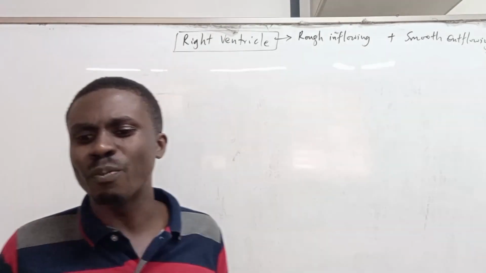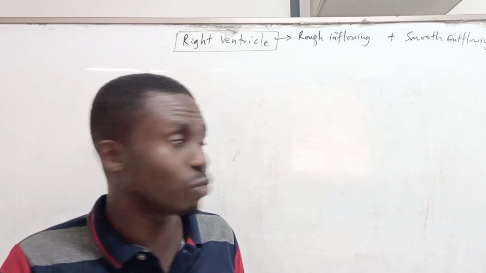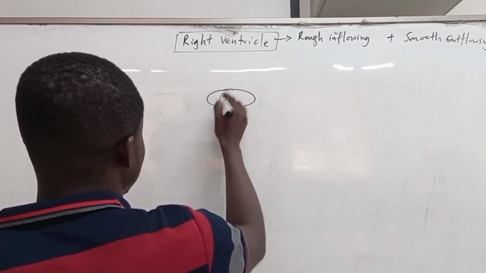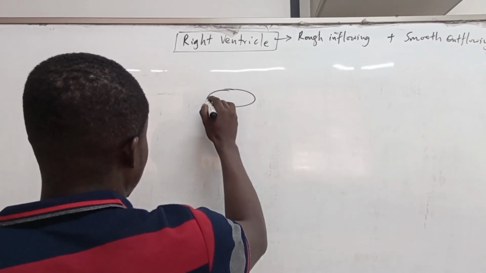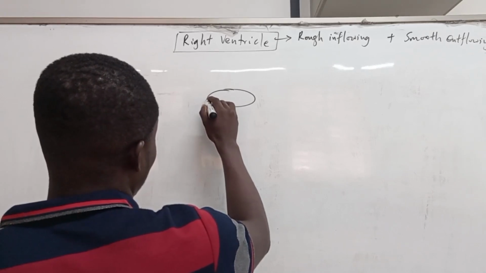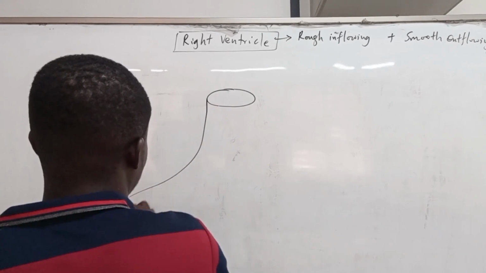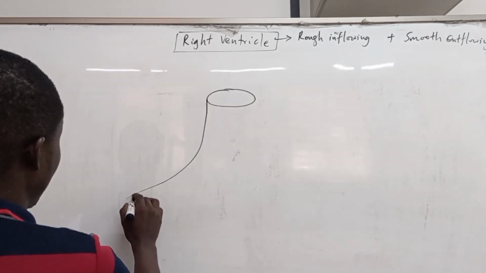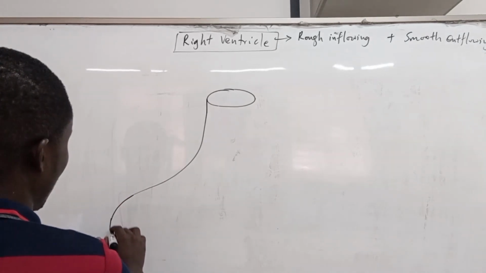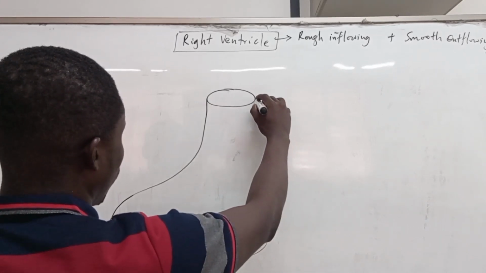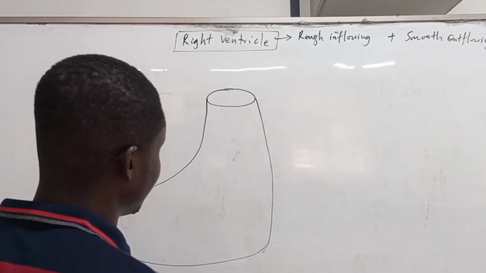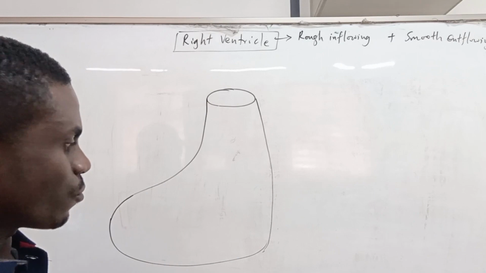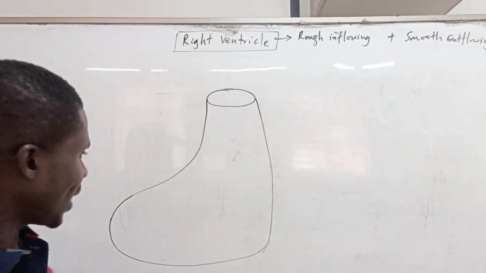Just to make things easy for you, I'm going to use a diagram to demonstrate that. Let's say we are in the chamber of the right ventricle.